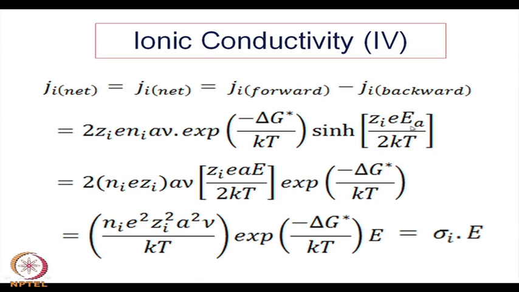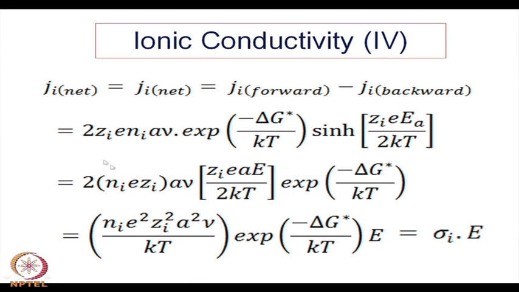So, E can be separated out, and this will be the sigma, that is the ionic conductivity, because you have considered the movement of the charge species. This is the flux density of the charge, charge moving per unit time per unit cross section. So, that becomes the charge current density, and this becomes your current density according to Ohm's law.